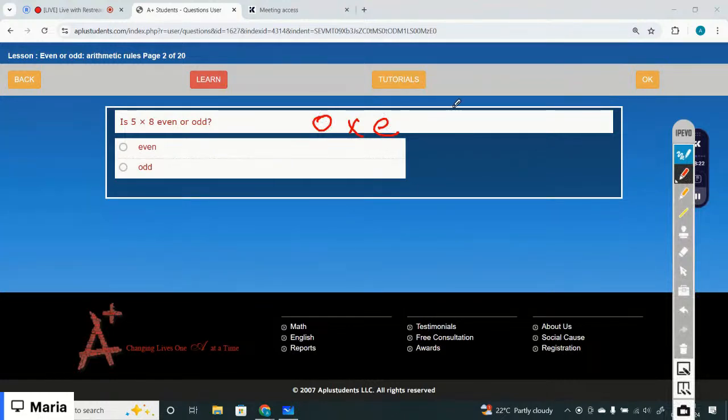The product of an even and odd number is always an even number, right? 8 times 5 is 40 and 40 is an even number. Got it? The correct option is even.